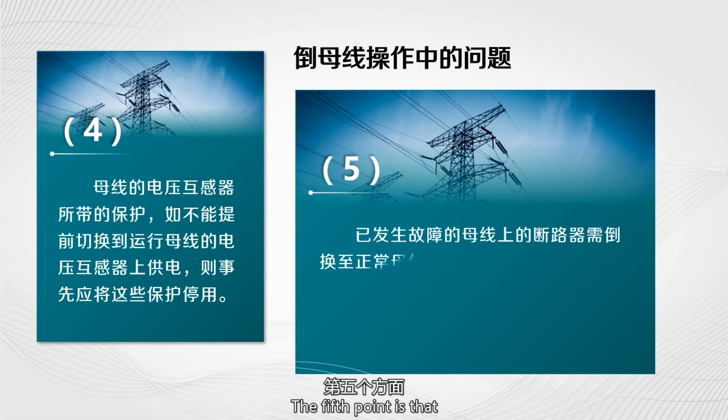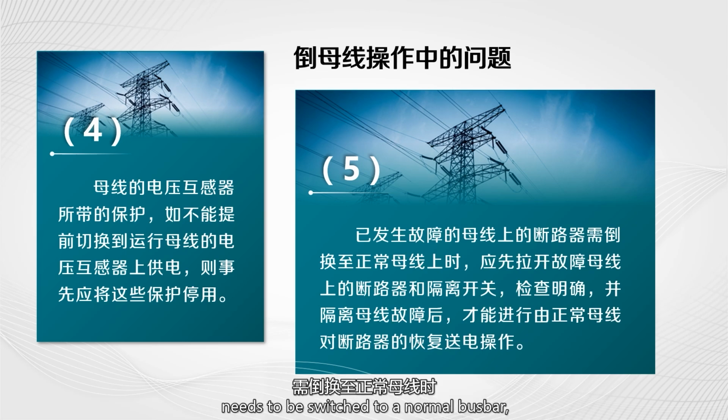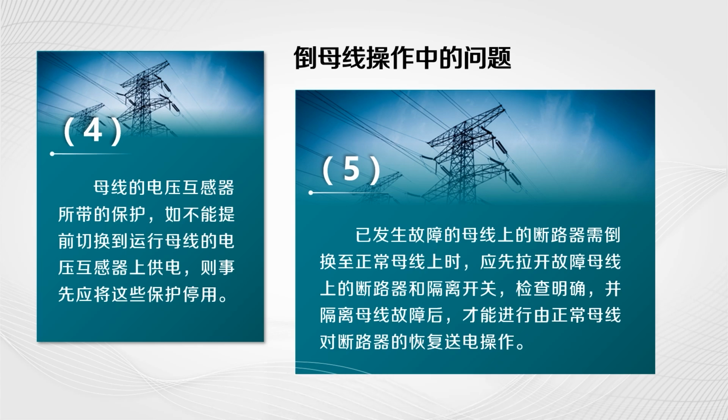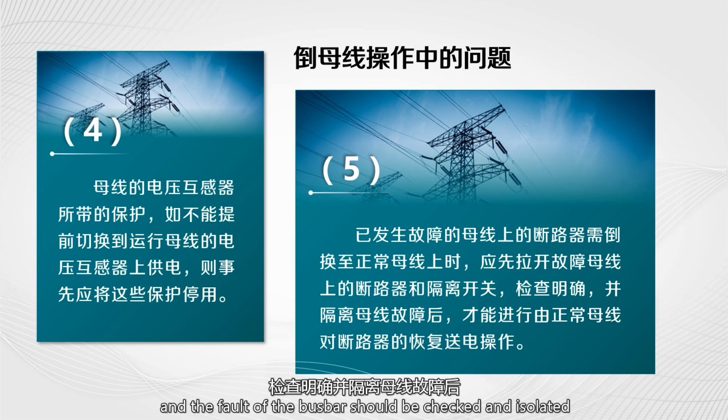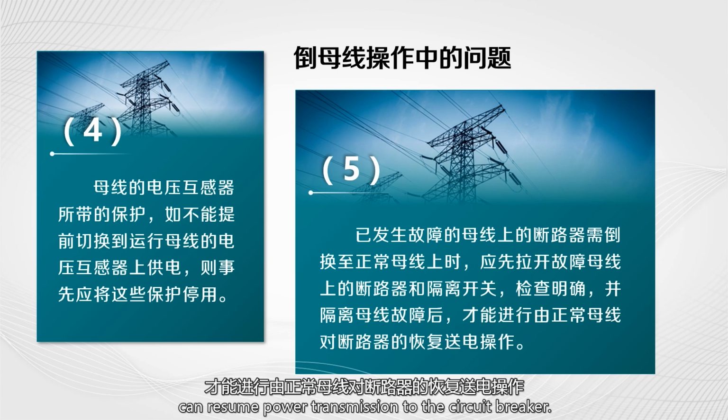The fifth point is that when the circuit breaker on the faulty busbar needs to be switched to a normal busbar, the circuit breaker and the disconnector on the faulty busbar should be opened first, and the fault of the busbar should be checked and isolated before the normal bus can resume power transmission to the circuit breaker.